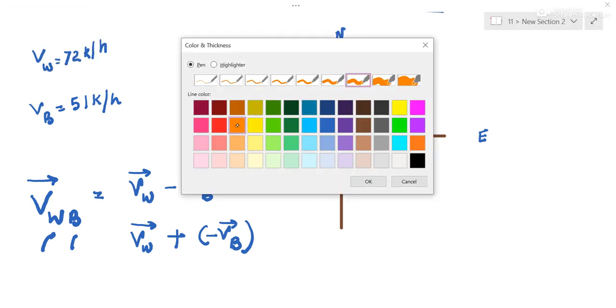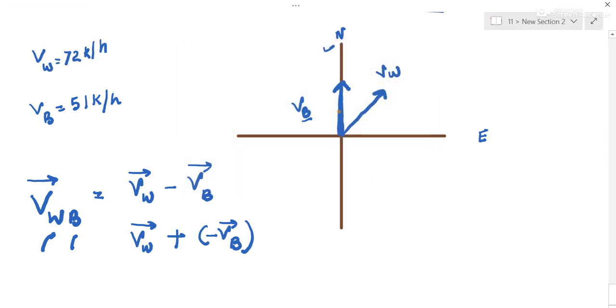So we will take some other color. This is the direction of velocity of the boat, and now we will make it inverted, opposite to it. This is minus VB. So our two vectors are the velocity of wind and minus the velocity of boat. We complete the parallelogram, and the flag will be fluttering along the resultant.